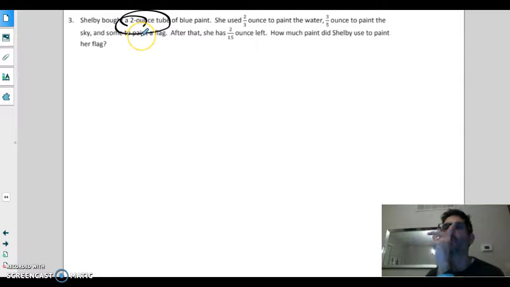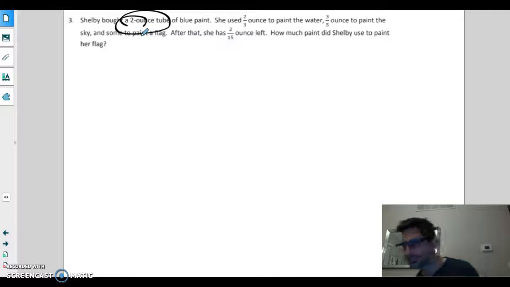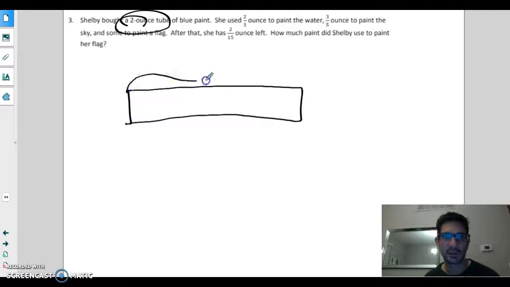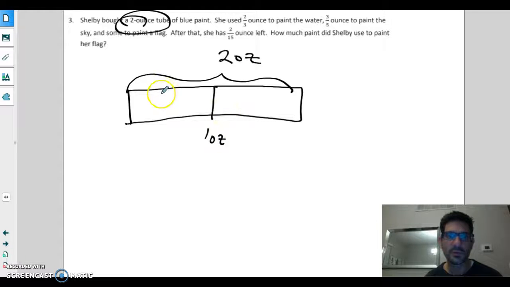All right. So, let's think about this. So this whole thing represents 2 ounces. So you could say this is 1 ounce. So it says she uses 2/3 to paint the water. So this is 2/3, and this is the water.